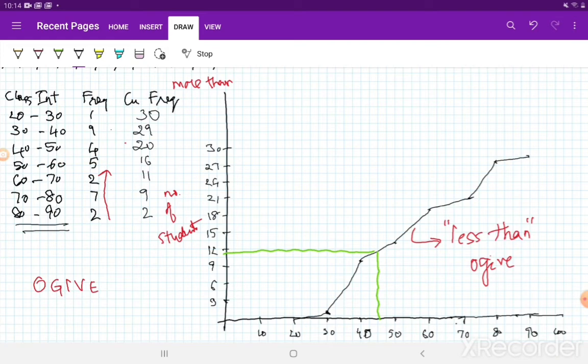Let me just show you using a different pen. I'm using the green pen here. I'm drawing both the less than and the greater than ogive on the same graph, but you will have to construct either one of those based on what is asked in the question. So how many people have received more than $20 is the entire group of 30.